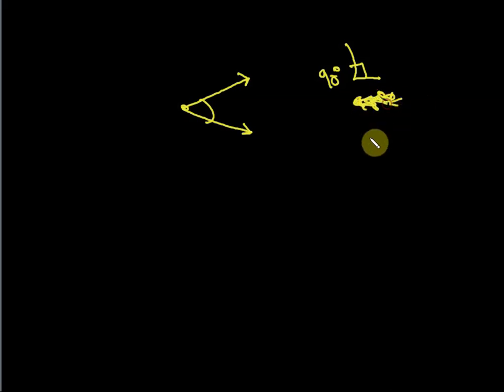There used to be a band called 98 Degrees. Now keep in mind, this line can extend here, but we're not concerned with the entire line. We're concerned with only a portion, and this is the angle, going on forever.